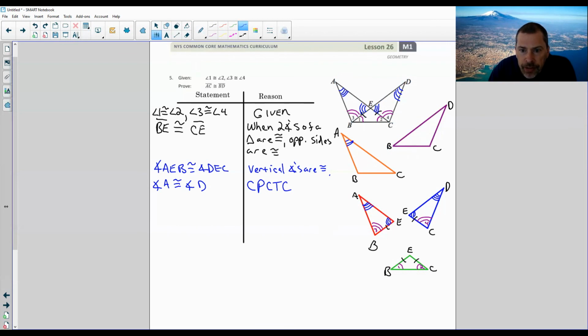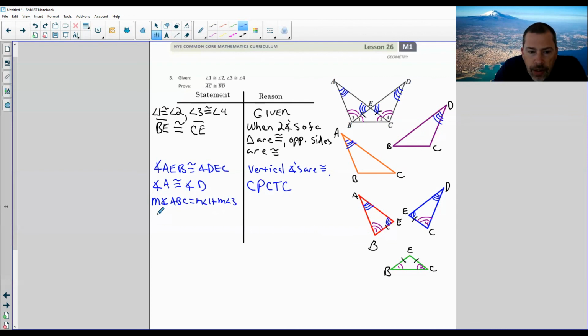So here's A, that's congruent to D. All right, so then what do we have? Measure of angle ABC is angle 1 plus angle 3. So we need to say that. So the measure of angle ABC equals the measure of angle 1 plus the measure of angle 3.